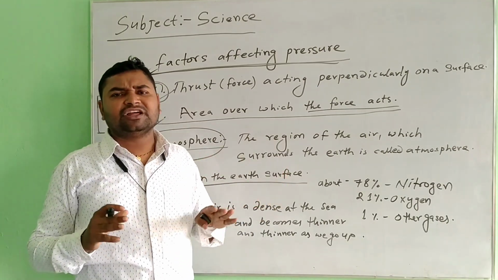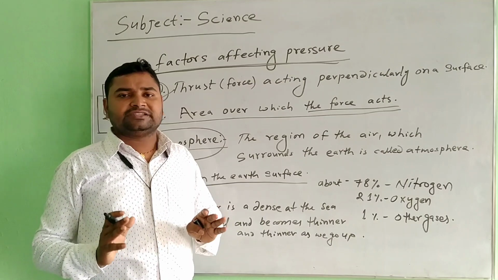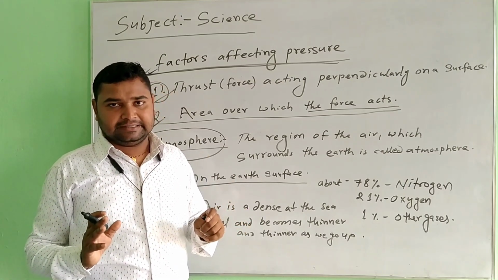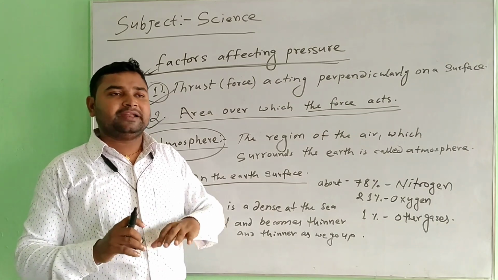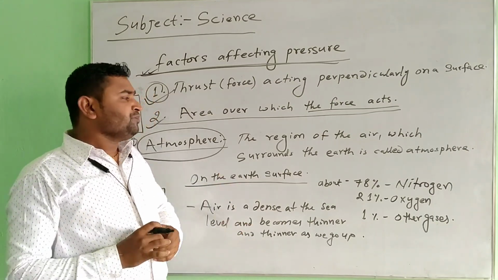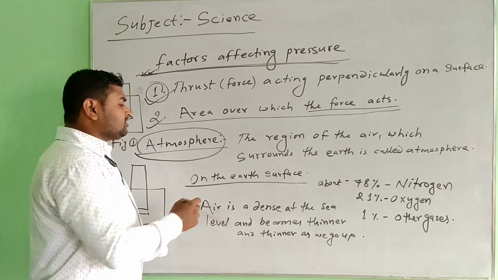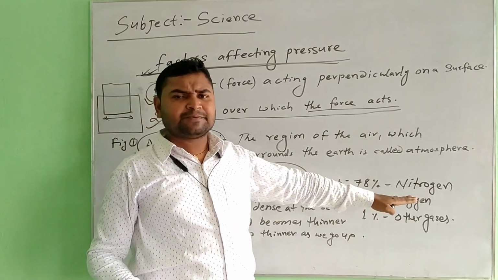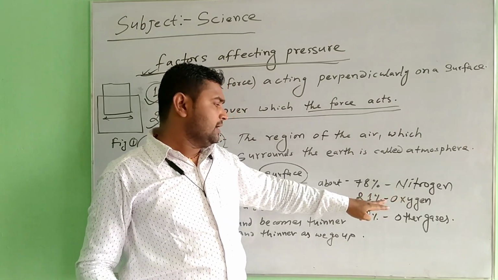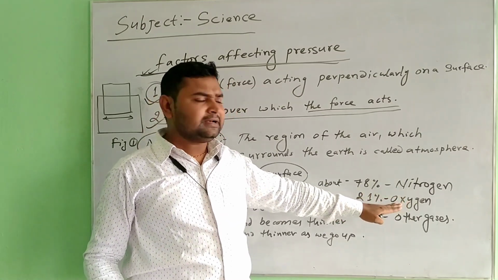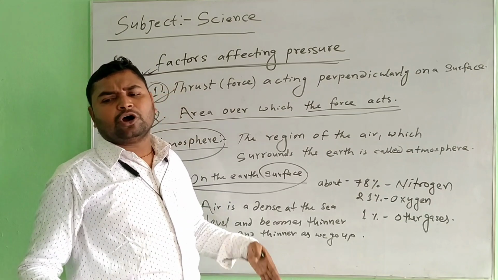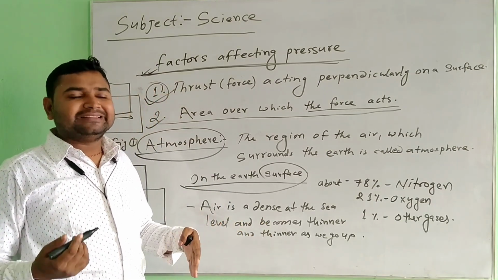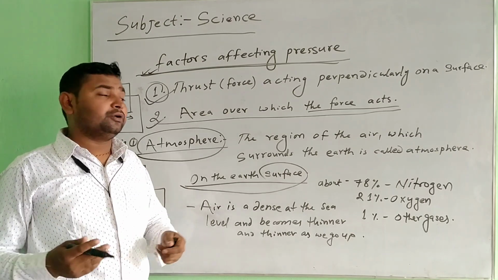Due to gravitational effects, there are different mixtures of gases in our earth. On this earth's surface, 78% of the gas is nitrogen, 21% is oxygen, and 1% is other gases like argon, carbon dioxide, methane. Other gases are found in 1%.